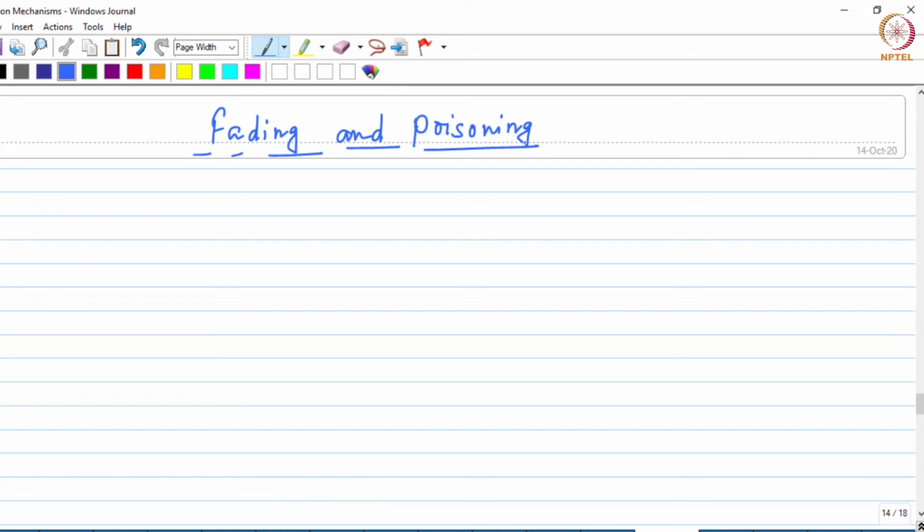Okay, so let us talk about these two in a little more detail as to what happens during this process and what can be done to avoid it so that you can get a fine grained microstructure. So let's talk about fading first.